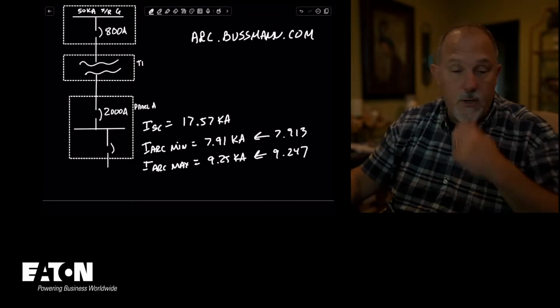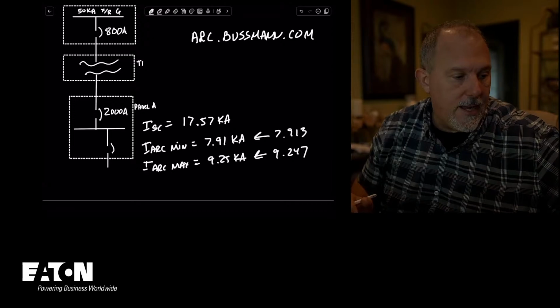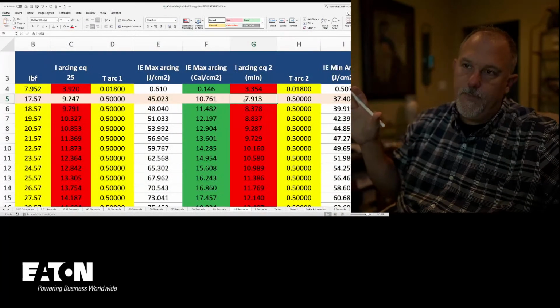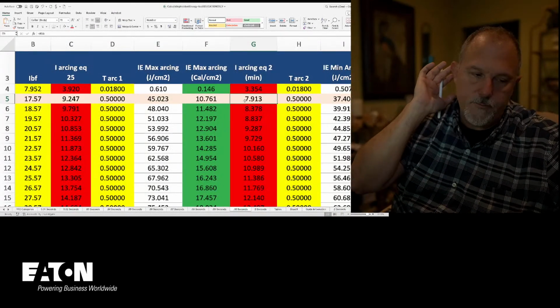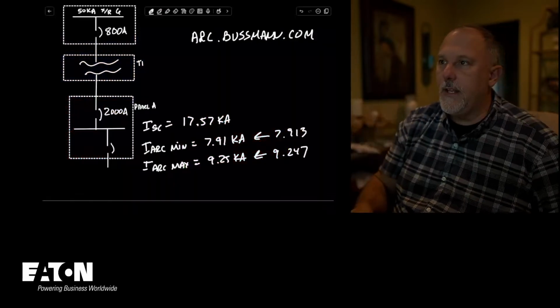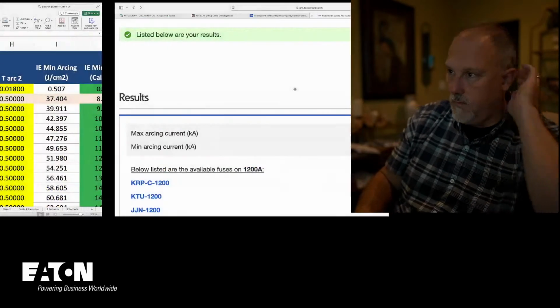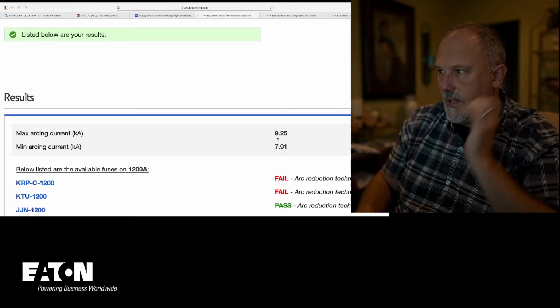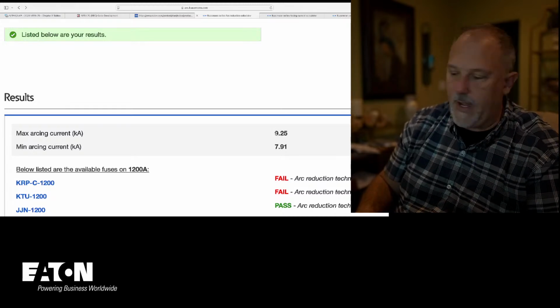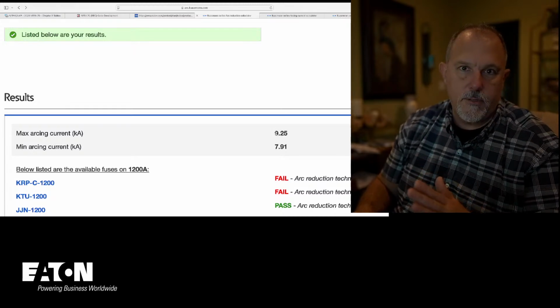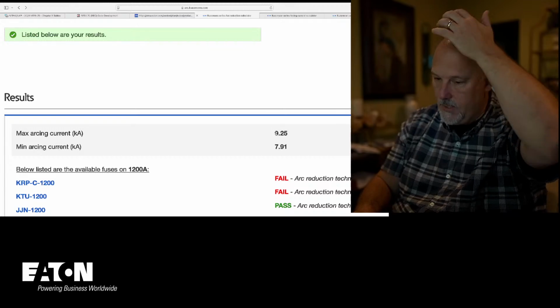So I feel good. My spreadsheet validates the website, which was 7.91 and 9.25 with the same parameters. Capiche? We good? All right.